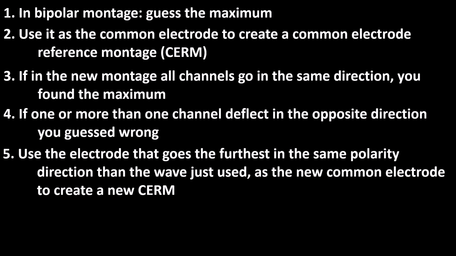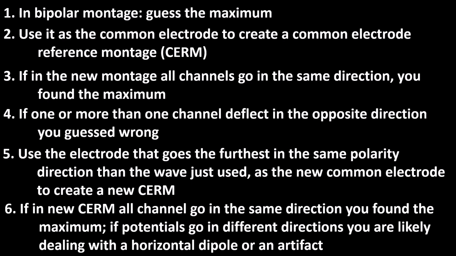Fifth, use the electrode that goes the furthest in the same polarity direction than the wave just used as the new common electrode to create a new common electrode reference montage. Sixth, if in the new common electrode reference montage all channels go in the same direction, you found the maximum. If potentials go in different directions, you are likely dealing with a horizontal dipole or an artifact.